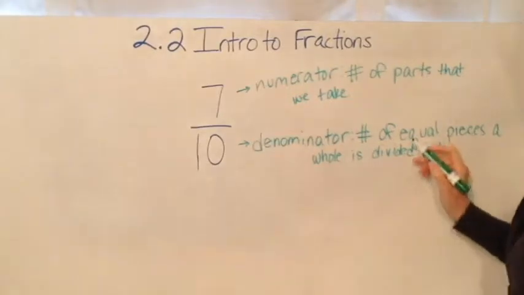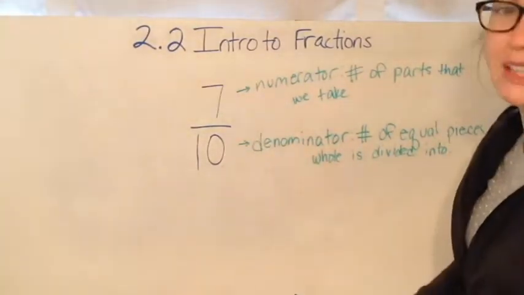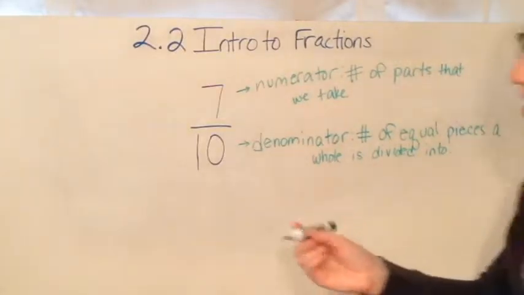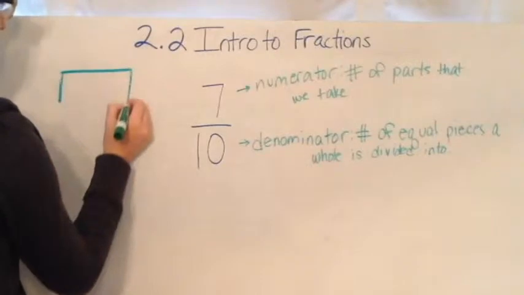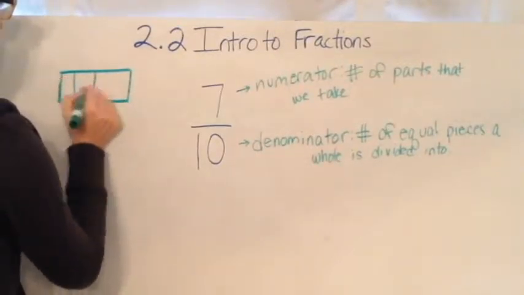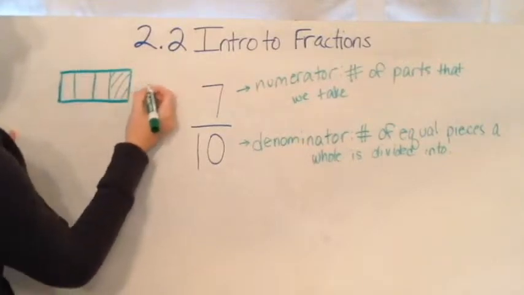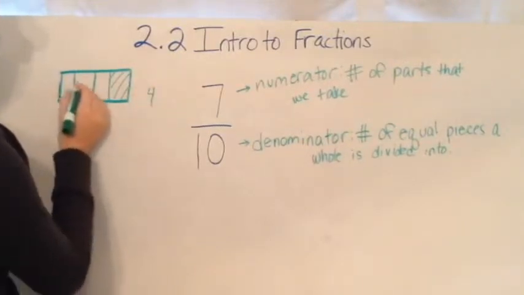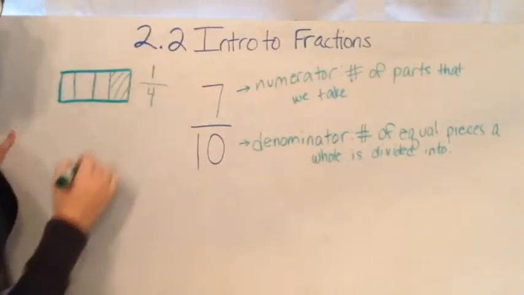Okay, so again, it's really important that with a fraction, we're talking about equal pieces. So an example would be like this. If I shade this in, here my denominator is 4, because I have 4 equal pieces, and I've taken or shaded one of them.